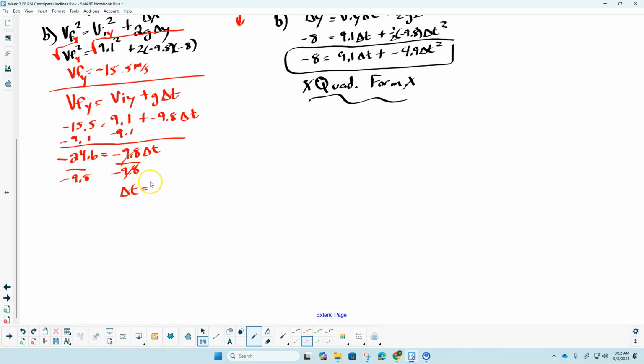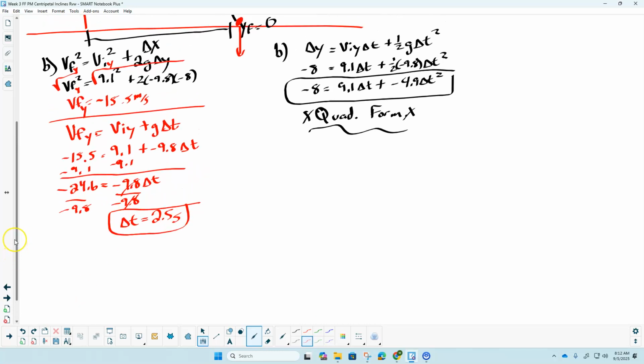You'll get the time that it spends in the air is 2.5 seconds, or about that. Slightly rounded, but that's good enough.